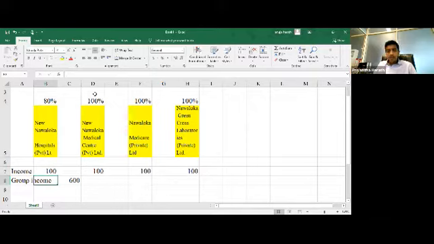And why do we do this exercise? When you consolidate, the group income is the amalgamated number of the individual companies' income plus the parent company income. We don't take 80%, we take 100%.